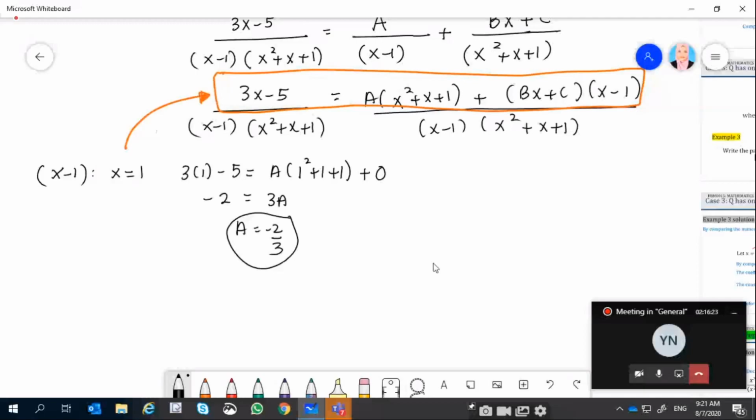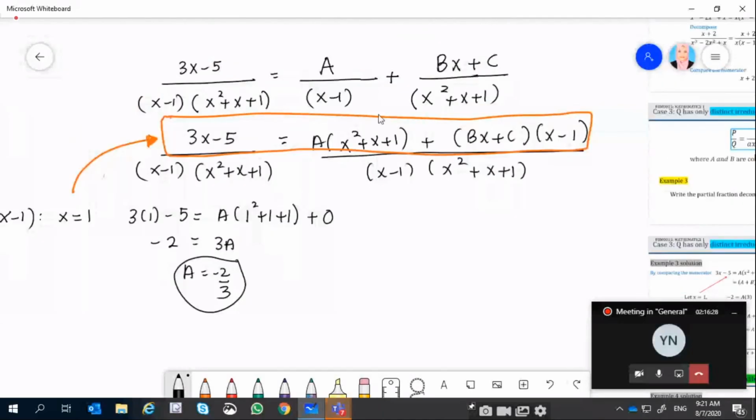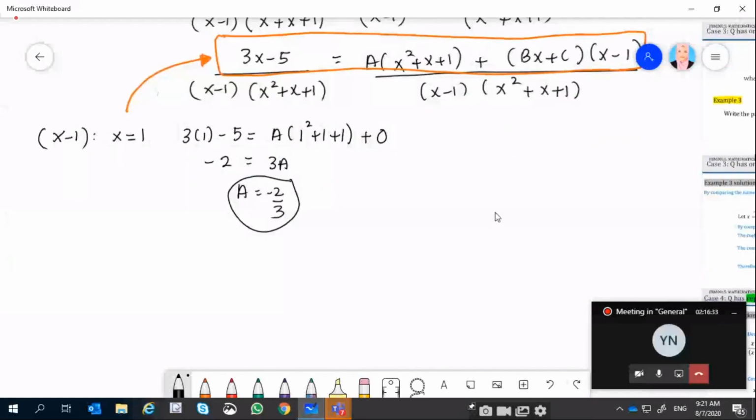Okay, and then to find b and c, since there is no more linear factor here, I suggest using the second approach, which is to expand the right hand side expression. So as squared plus as plus a plus bs squared minus bs plus cs minus c, and then group the like terms.